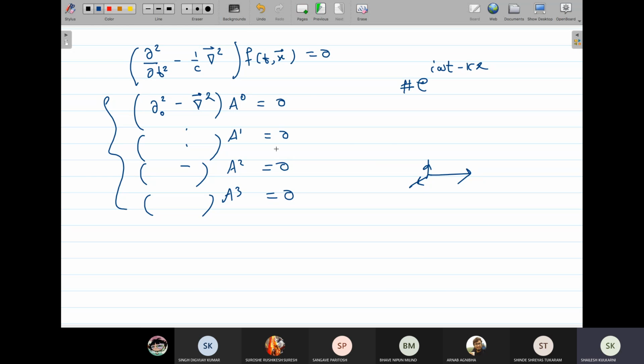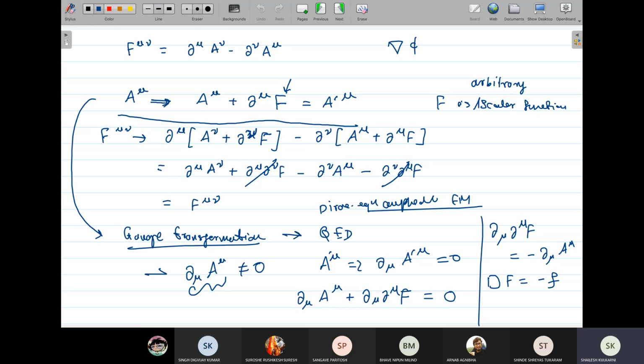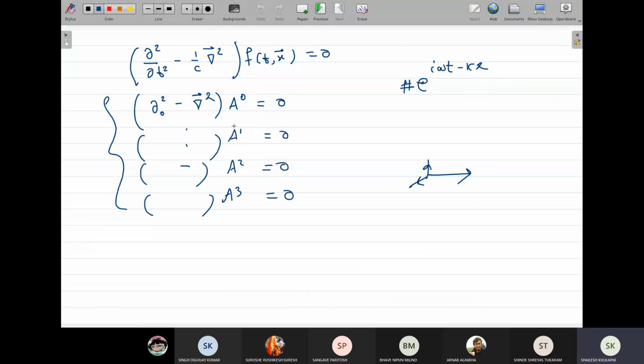The answer is, again you go back to this and study in proper detail these gauge transformations. The gauge transformation again puts a further restriction on 2 of these 4. Actually, 2 of these 4 are not dynamical again, and only 2 of them are dynamical, and their oscillation gives me 2 directions of polarization.